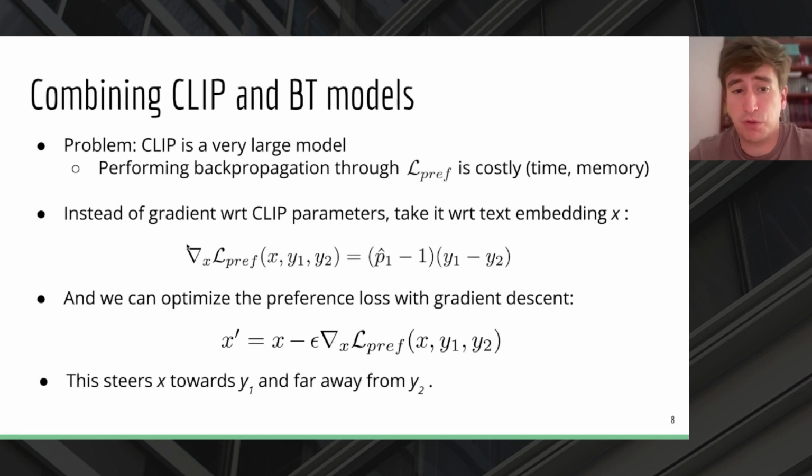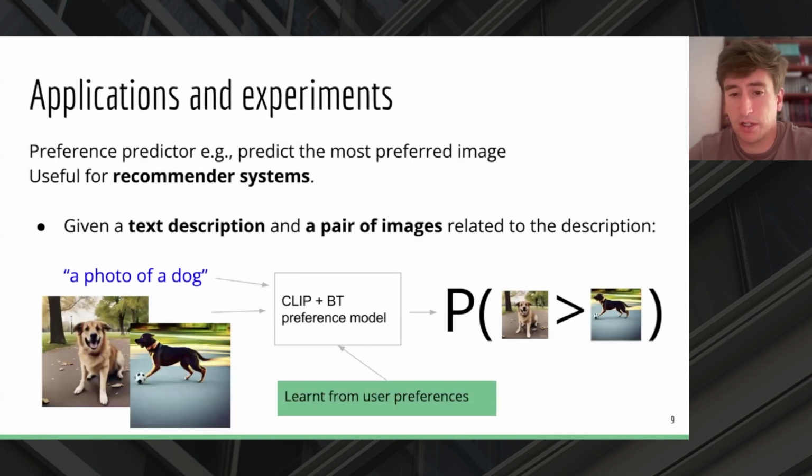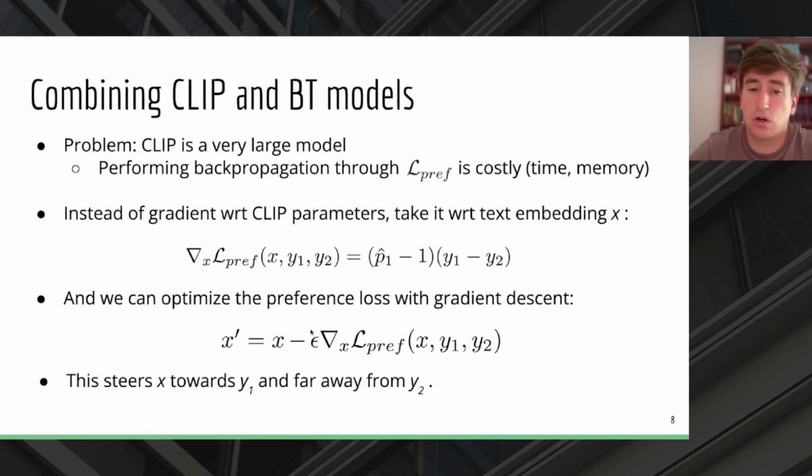And now with this gradient with respect to X, we can optimize our original prompt X. Maybe this prompt X is just a picture of a dog, but we perform one step of gradient descent to optimize this loss, and now this X prime is going to be the original prompt plus some modification representing the preferences of the user.